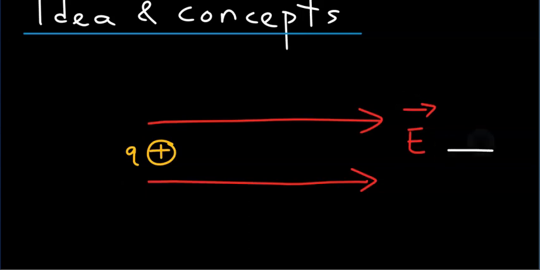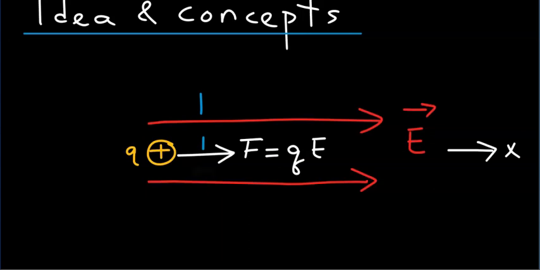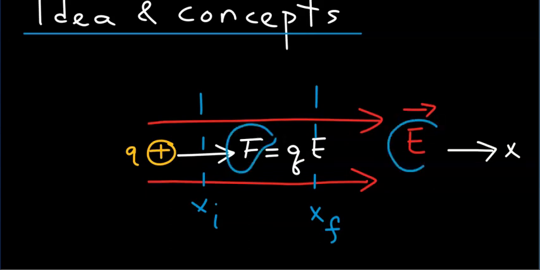Since the electric field is, let's say, along the x-axis, we know the electric force acting on this charge Q will also be going in that direction, with a magnitude given by Q times E. Let's assume that this charge travels between 2 points: the initial point with x-coordinate xi and the final point with an x-coordinate of xf. And of course, the motion is purely under the influence of this electric force due to that electric field.